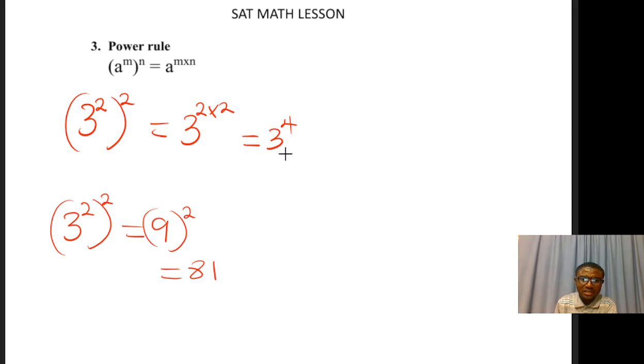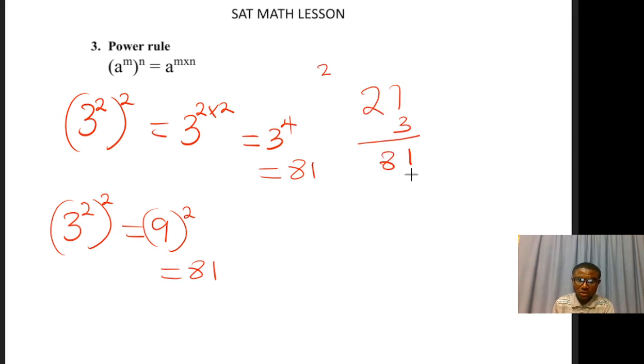This one also is the same thing as 81, because 3 times 3 is 9, 9 times 3 is 27, then 27 times 3 is 81, because 3 times 7 is 21, put down 1, carry 2, 3 times 2 is 6, plus 2, 81.